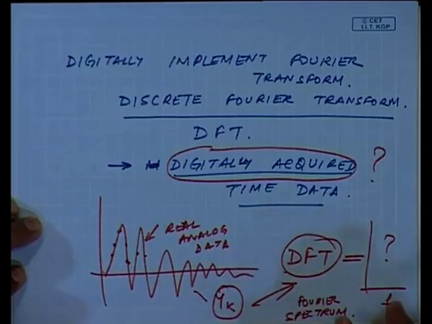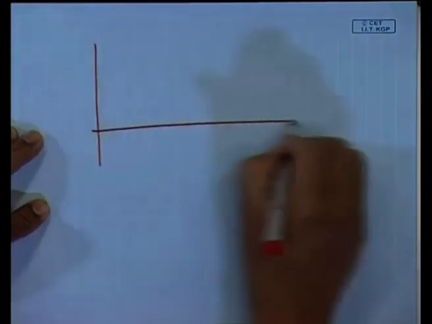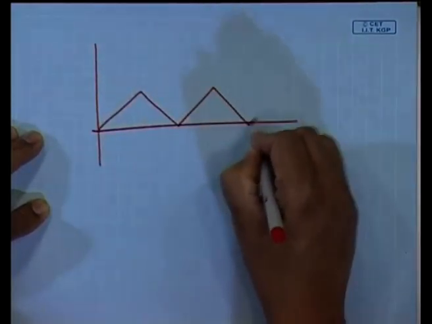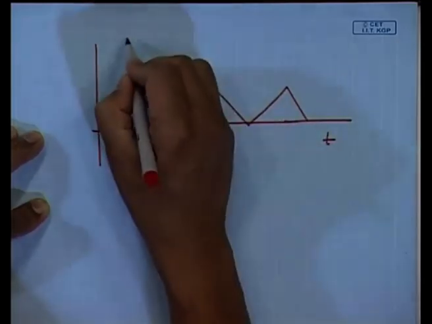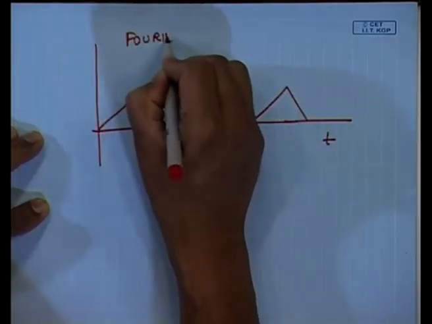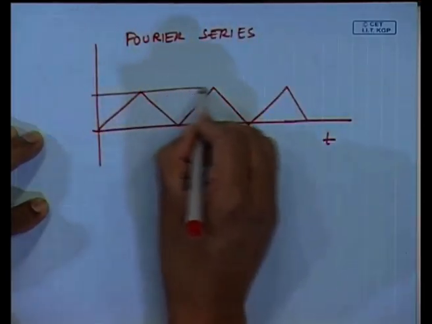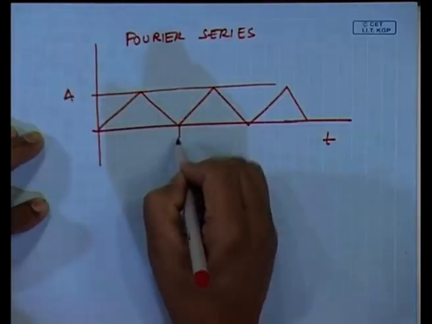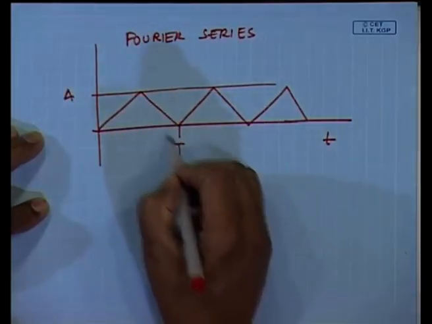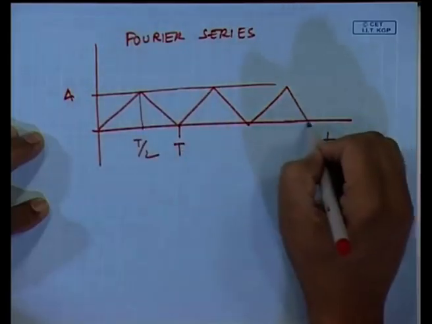Once such a Fourier spectrum is obtained by us, we can see how this analysis can be done. Okay. So, as a homework, I could ask you to find out the Fourier series representation of these signals. You can take them as A, and this is T by 2, and this is going to infinity.